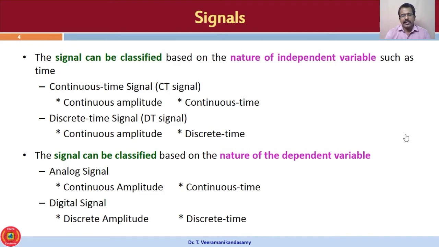Signals can also be classified based on the nature of the dependent variable: analog signals and digital signals. An analog signal has continuous amplitude with respect to continuous time, similar to the continuous time or CT signal. A digital signal has discrete amplitude with respect to discrete time.